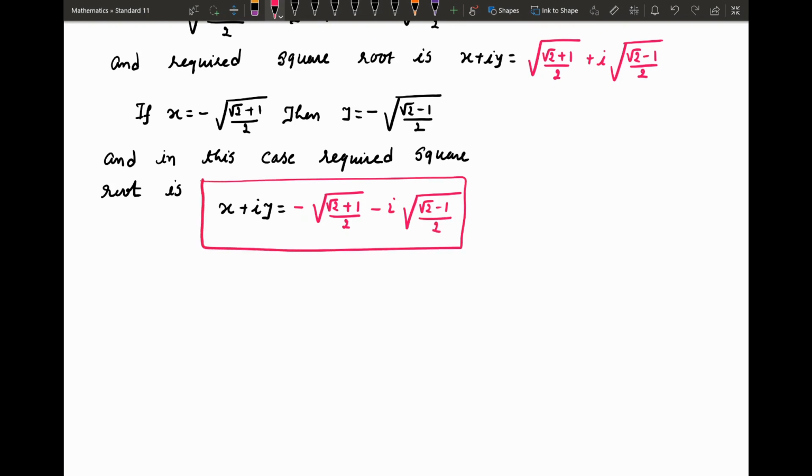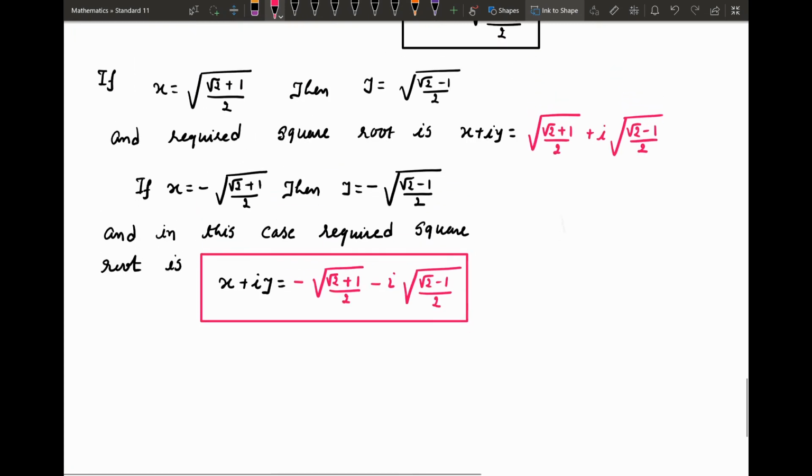So these are the two possible square roots.